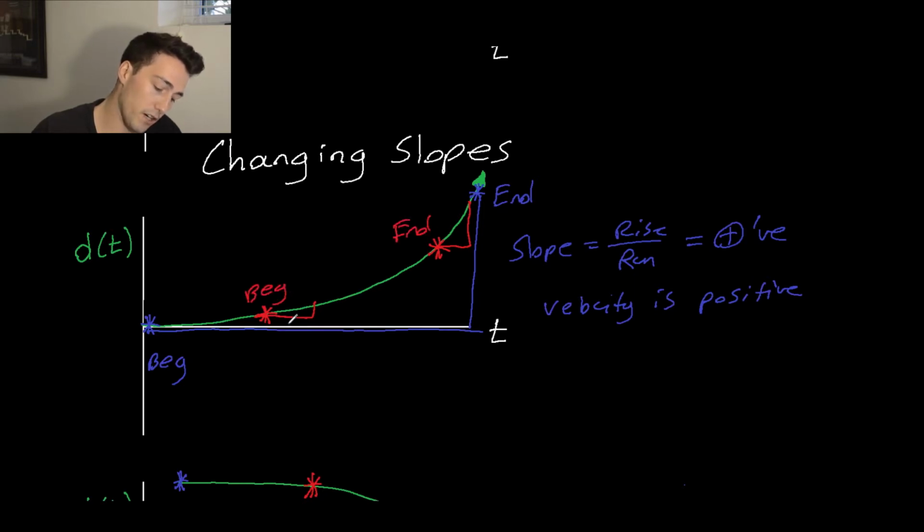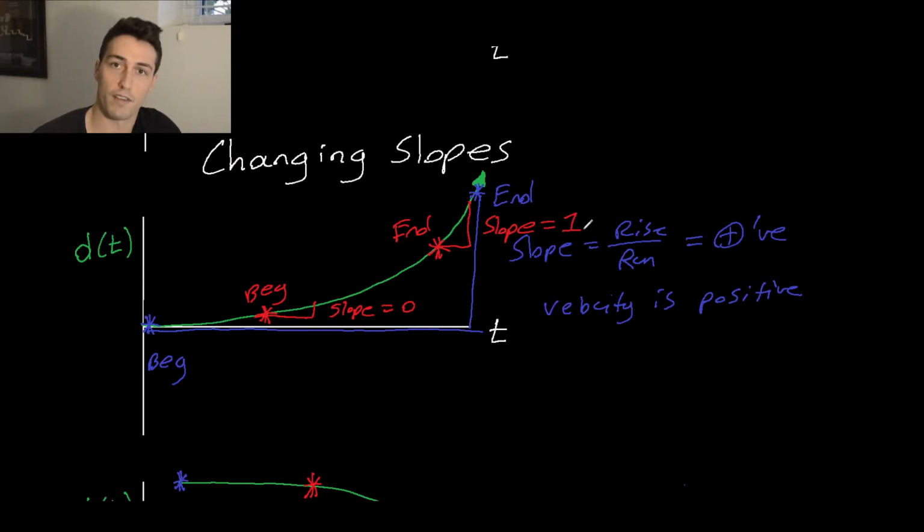Well, this slope here would probably be somewhere around 0. It's almost a horizontal line. And then this slope over here, we could say that's 1 or 2 or just something bigger than the original slope. So it went from 0 to 1. That's also an increase or a positive increase. So we can say that this is a changing velocity, and the changing velocity is at an increasing rate or a positive rate.